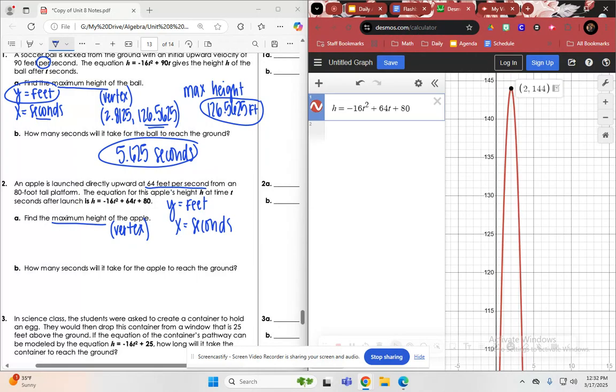So we have 2, 144. So we're looking for height, so we need our feet here. So we have 2, 144. So it's going to be 144 feet.